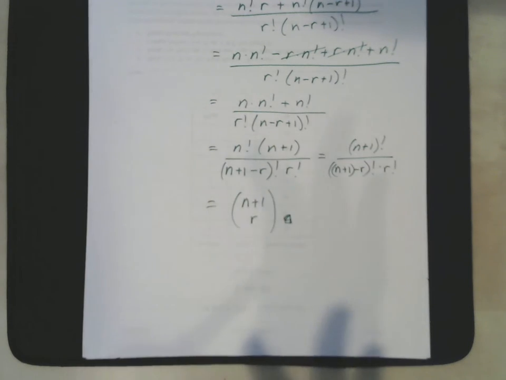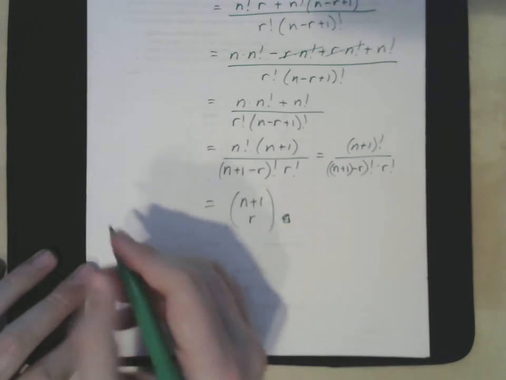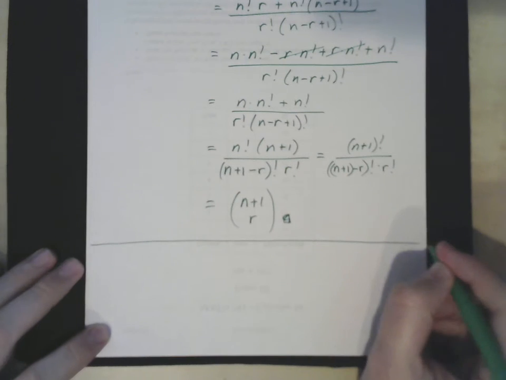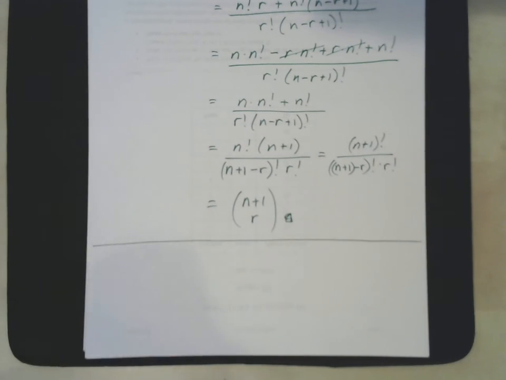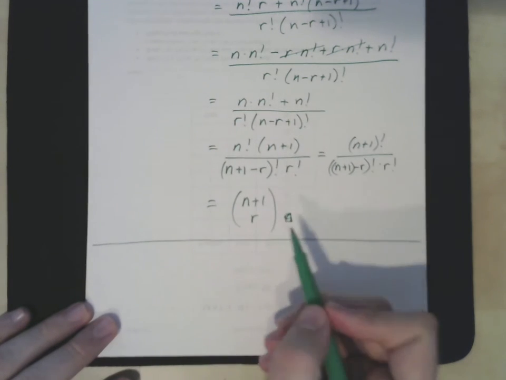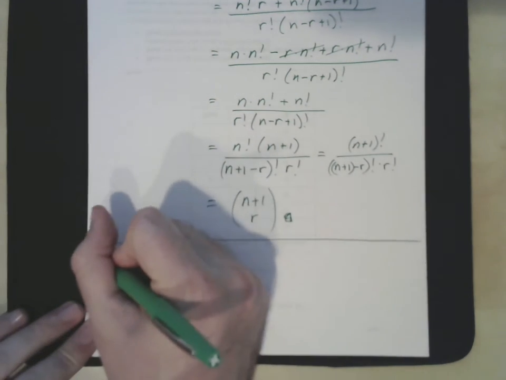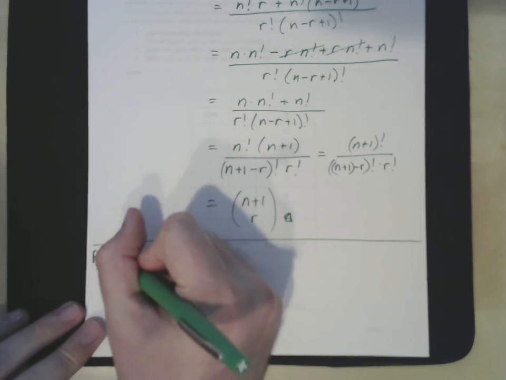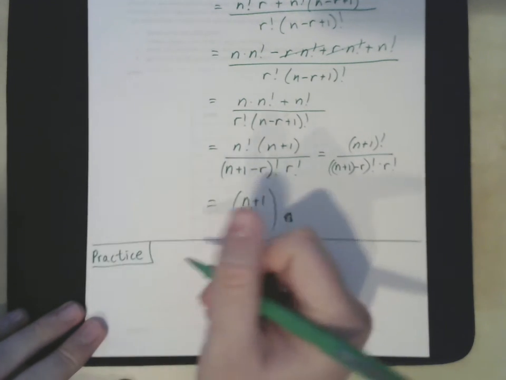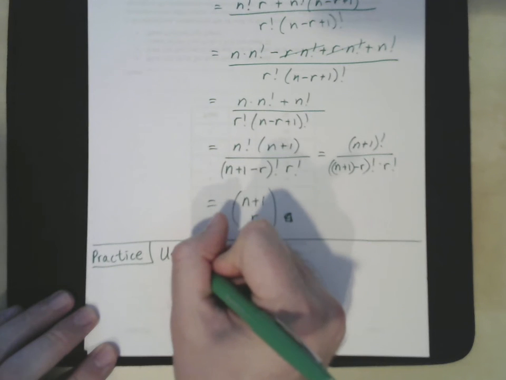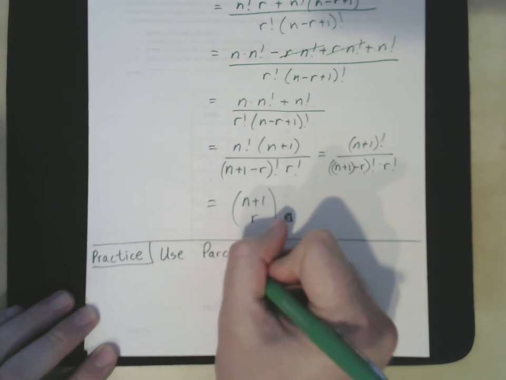And so we have our proof. So this style of proof is actually how we derive more relationships between certain combinations like this. So what I would like you to do is to use Pascal's formula. So you don't need to prove it, it's proven.